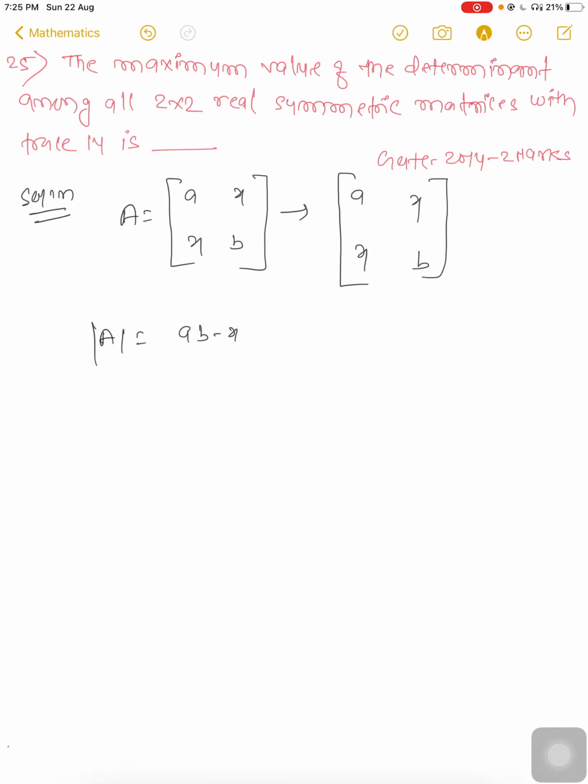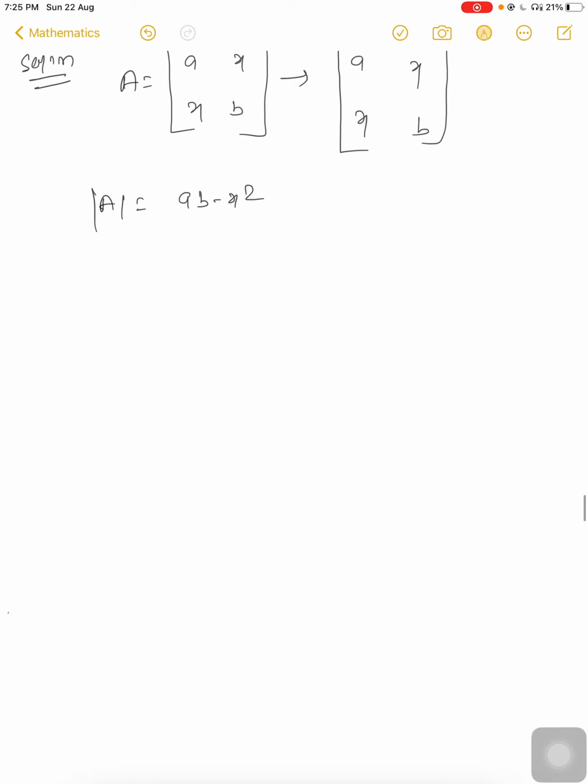So determinant of A will be AB minus x square, and d determinant of A upon dx, maximum possible 2x is equal to 0. So determinant of A is equal to A into B, x is equal to 0. From here you will get x is equal to 0. So at x is equal to 0 you will get the maximum value.